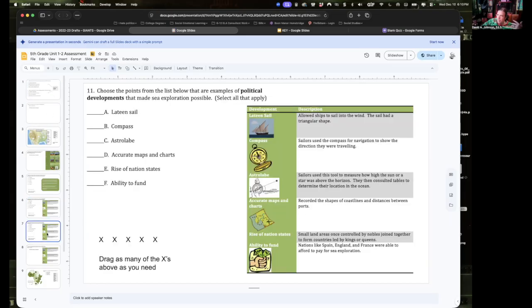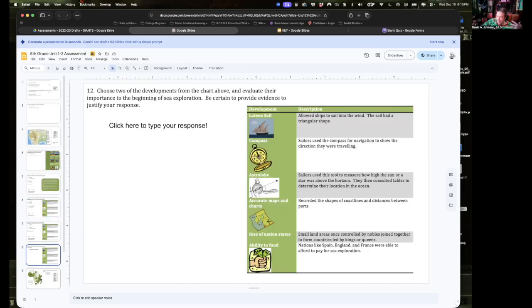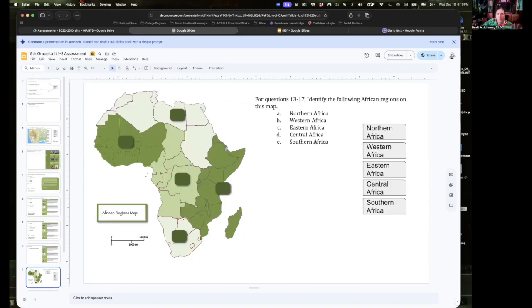What I can't do are some of these drag and drop style questions, which, if we're assessing the content standards, I don't love all the super low level mapping ones in particular. Identify where these places are on a map. There's not a really clear way to do some of these drag and drop style questions that way. It's not to say all of our drag and drop questions are map based, but I've got to put a little more time into thinking out how I might change and adapt some of those questions.